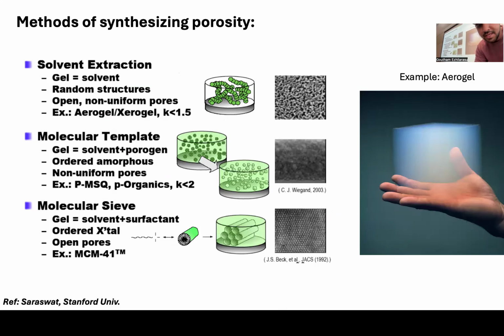I'm not really going into much detail of this, but in terms of porosity, there are many processes you can read up online of how to make pores. One good example is an aerogel. What they do here is they usually mix some kind of silica particles in a liquid, and then they do a process that causes them to interconnect in a network.